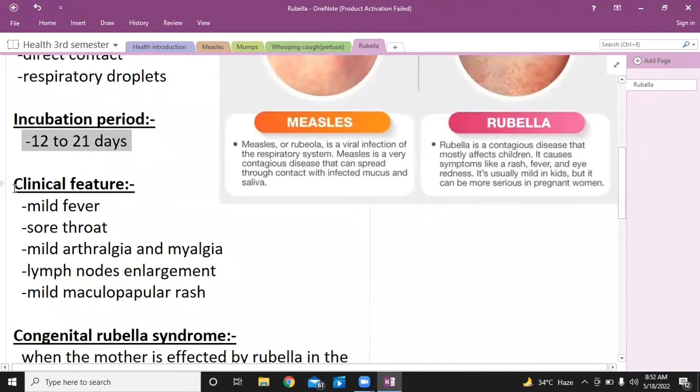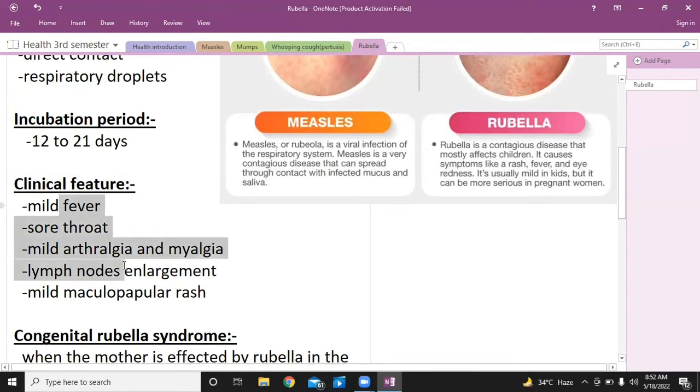The third thing we are going to study is clinical features. Clinical features are the signs and symptoms with which the patient appears in the office or hospital. The clinical features could be fever, throat infection, arthralgia, myalgia and so on.